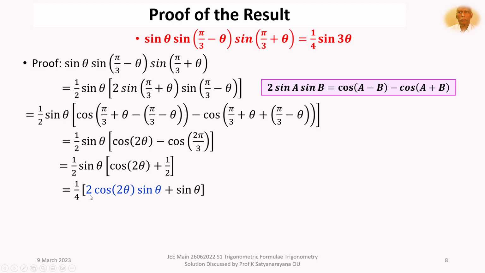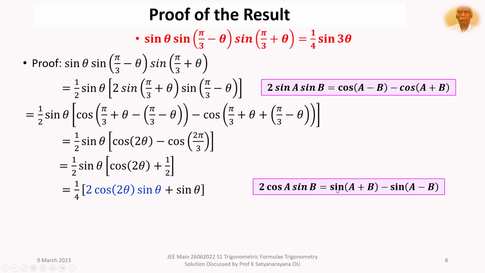For 2 cos 2 theta sin theta, we have a formula. 2 cos A sin B is equal to sin of the sum A plus B minus sin of the difference A minus B. We write that will be equal to 1 by 4 multiplied by sin of the sum 2 theta plus theta minus sin of the difference 2 theta minus theta plus sin theta, which is already there.